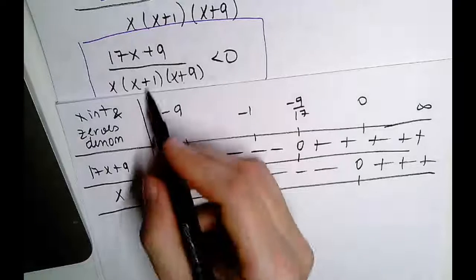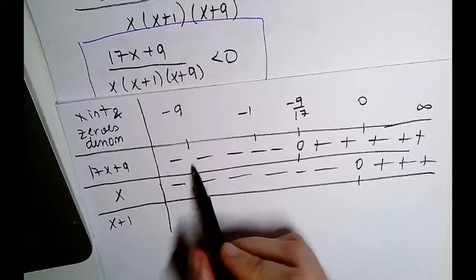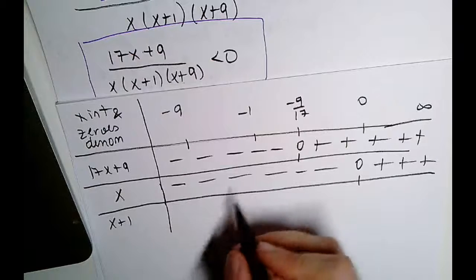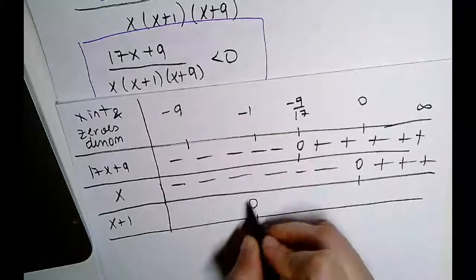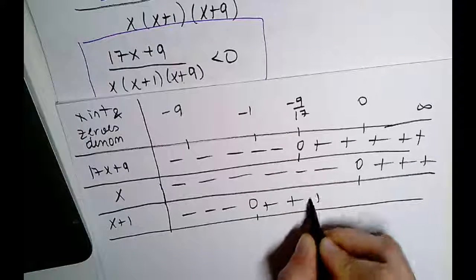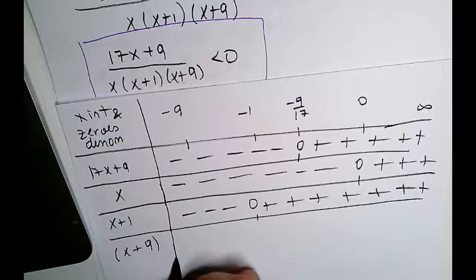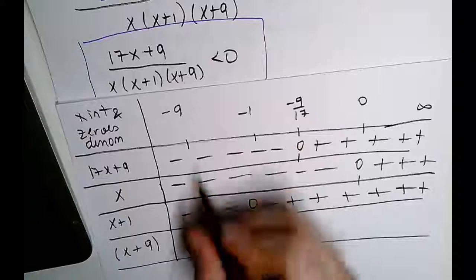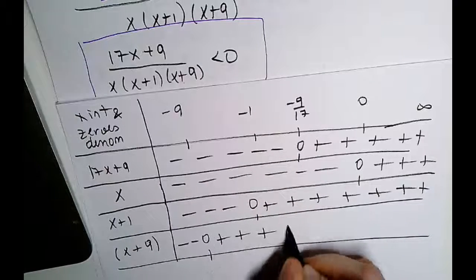Then the next factor is x plus 1, and x plus 1 is 0 when x is negative 1, negative before and positive after. And then the last factor is x plus 9, and this one is 0 when x is negative 9. It's negative before and positive after.